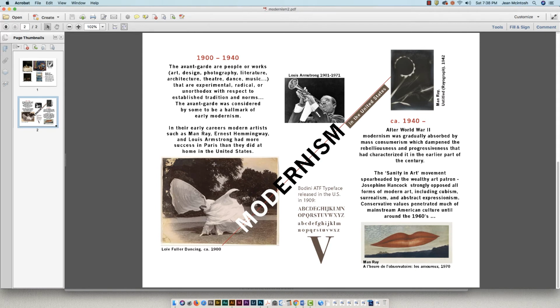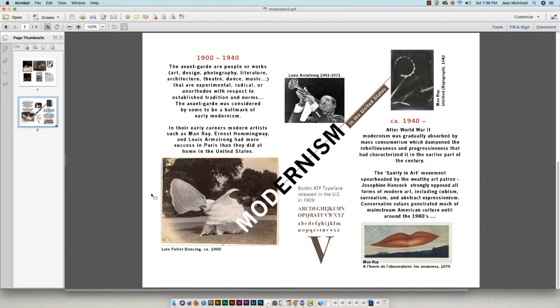And here's an inspiration picture I thought was really fun. This is Loie Fuller, who's dancing, and she was from Chicago. And this is a picture of her dancing around 1900. This picture is believed to have been taken at an exposition. They used to have these big universal expositions every few years, and they attracted millions, and it was a showcase of different countries and things they had invented, and a showcase of their arts and their technologies and their business and products.